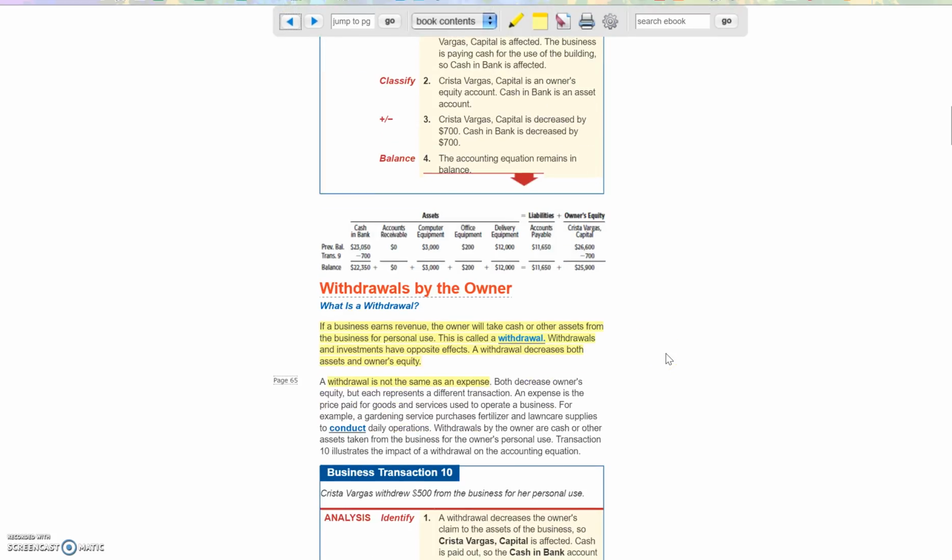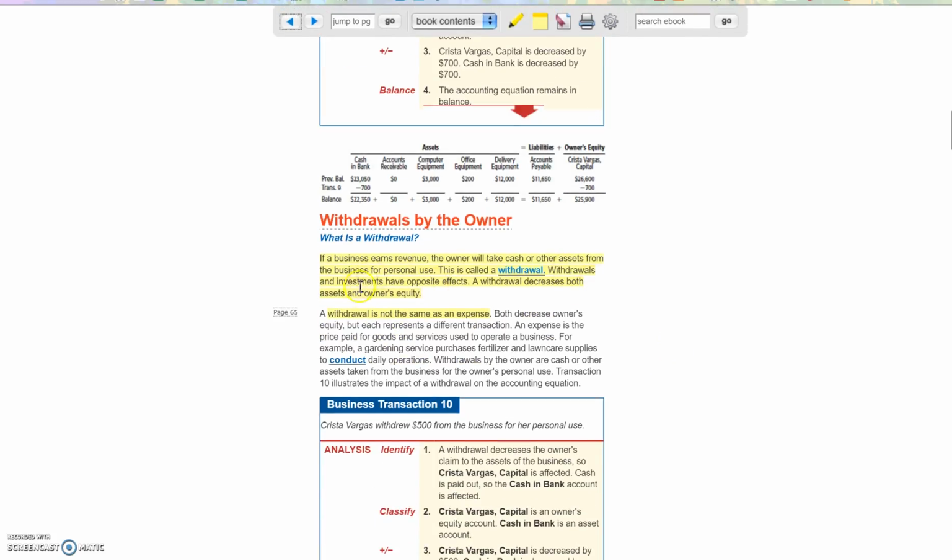So the final part in here is that there's a fourth thing that affects capital, and that is a withdrawal by the owner. If a business earns revenue, the owner is able to take out money from the business, and it decreases their equity in the business, but they're taking it out for their personal use.